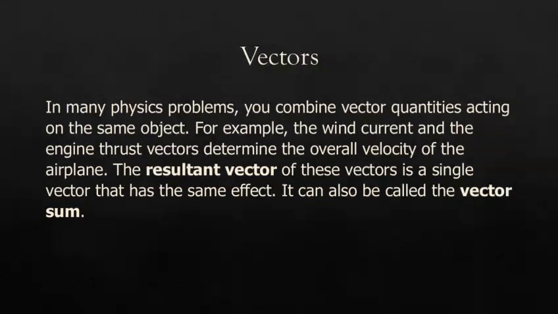So the resultant vector is a single vector that has the same effect. In other words, we're adding the two vectors that are affecting this airplane together and getting a resultant. We also sometimes call it the vector sum because we are adding two vectors together. So the resultant vector is a single vector that would have the same effect as the two combined.